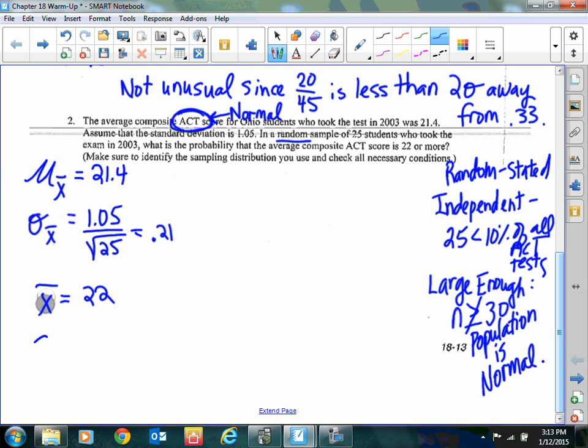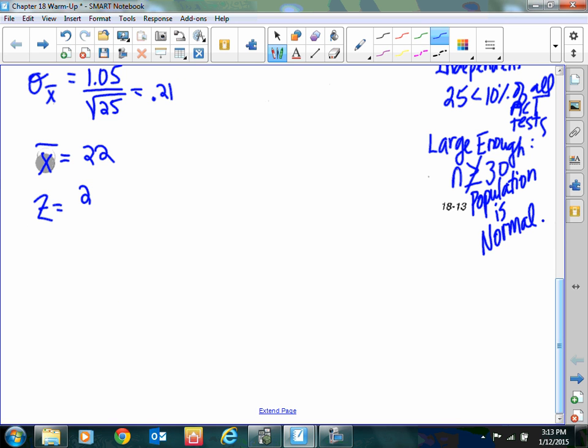So I'm going to find my z-score, which is going to be 22 minus 21.4 over 0.21. That is a z-score of 2.857, and I want to know that or higher.